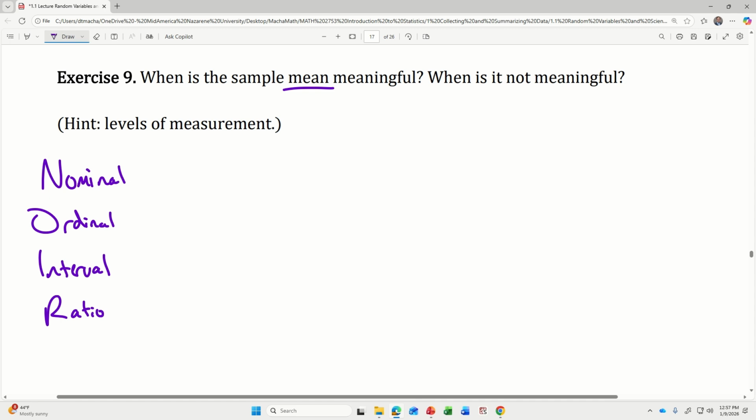If I have a ratio level of measurement, like minutes of exercise, can I take a sample mean? Yes, I can take an average. If I've got an interval level of measurement, like temperature, can I take an average temperature? Yes, that makes sense. If I have an ordinal level of measurement, like satisfied, very satisfied, neutral, unsatisfied, could I take a sample mean? Could I average those?